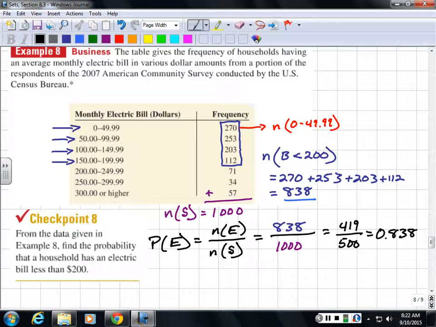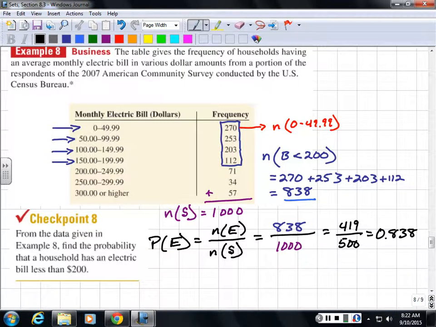Well, that's a pretty high probability. So it's pretty likely that I'm going to grab one that's less than $200. Does that mean that I will? No. Does it mean that every single time I do it, I'm going to get one that's less than $200? No. This right here is a calculated probability, but it's theoretical.